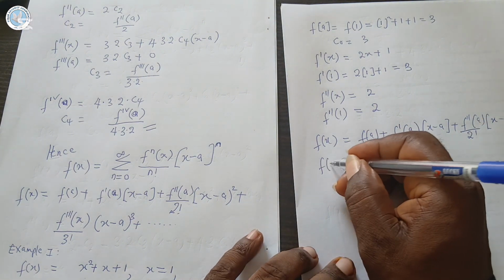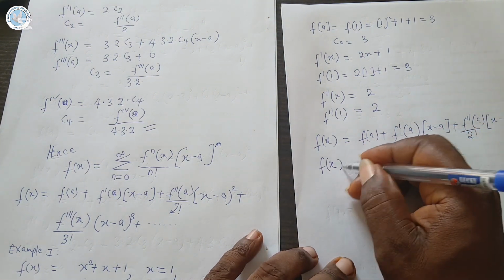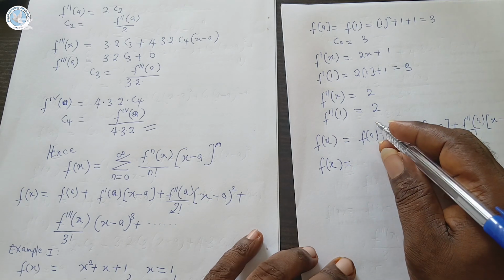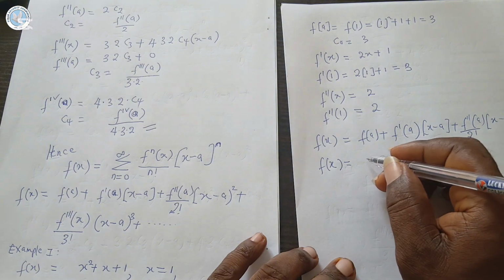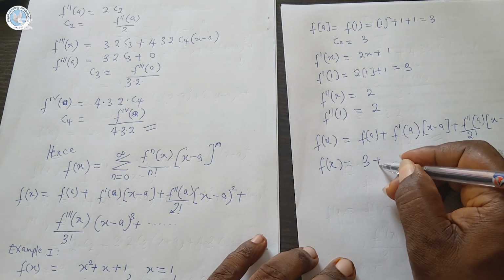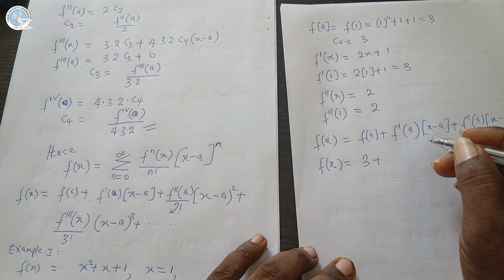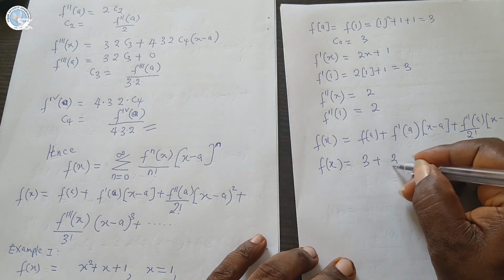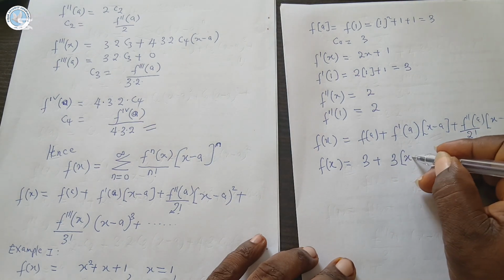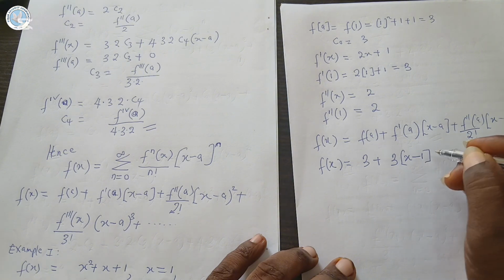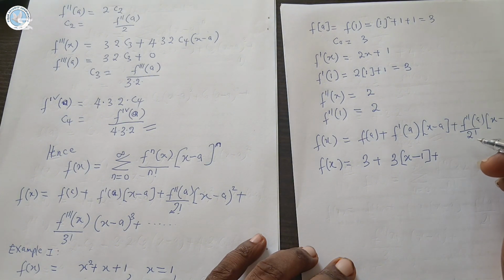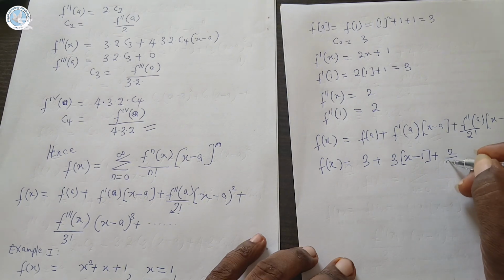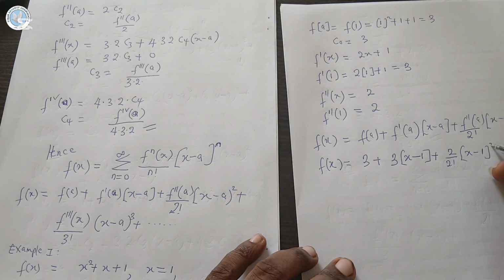So in this given model, we are having f of a, that is c0, which is 1, plus f prime of a, this is 1, times (x minus 1), 1 was given in place of a, and also f prime prime of a is 2 divided by 2 factorial.